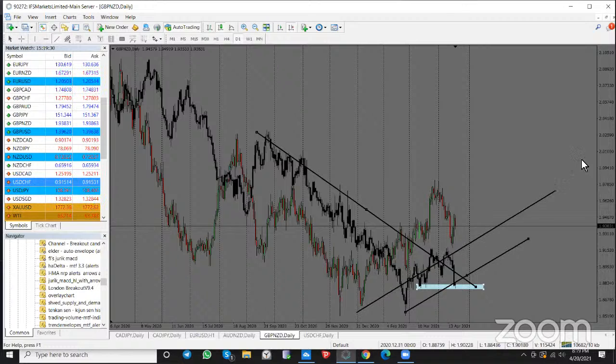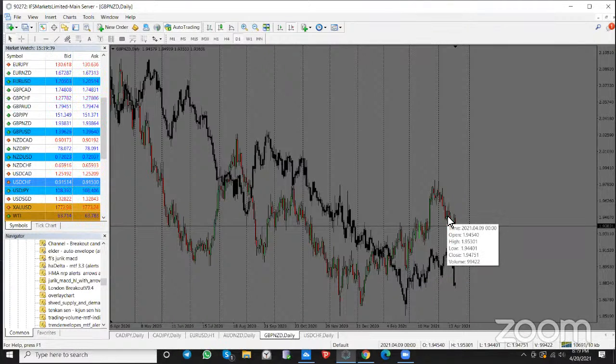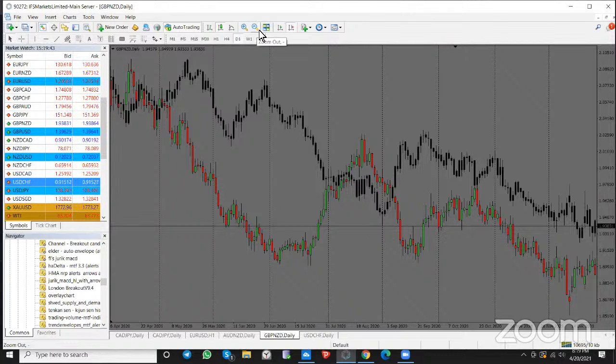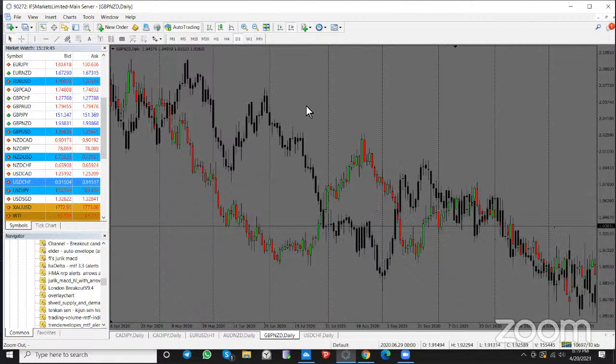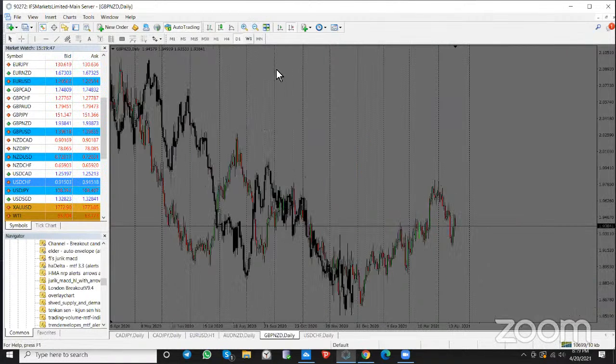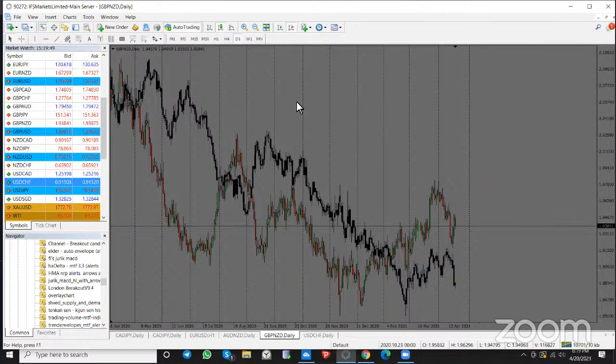Pound Kiwi has actually followed suit earlier. Now, if it's following, there's nothing for us to play. What we want is when price is not following the major, that is where the interesting part comes in. When price is following the major, there's nothing for us to play.